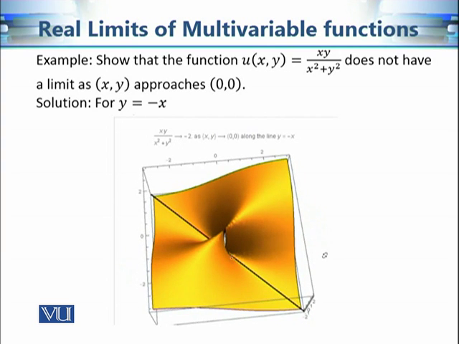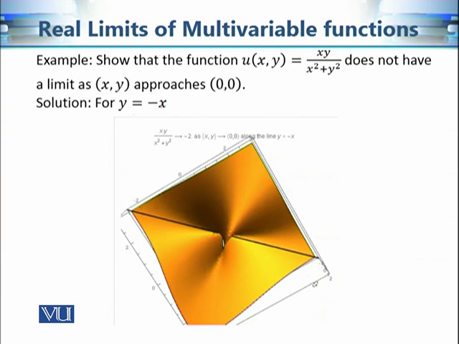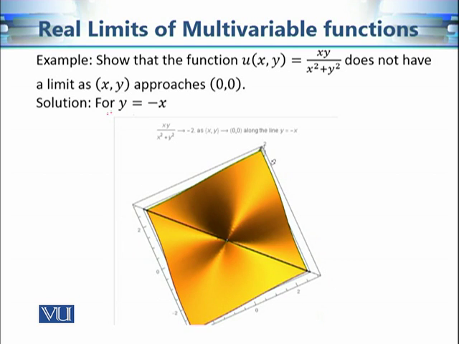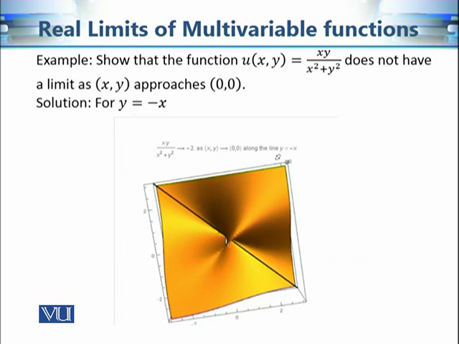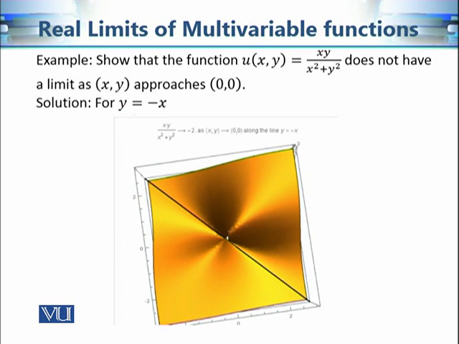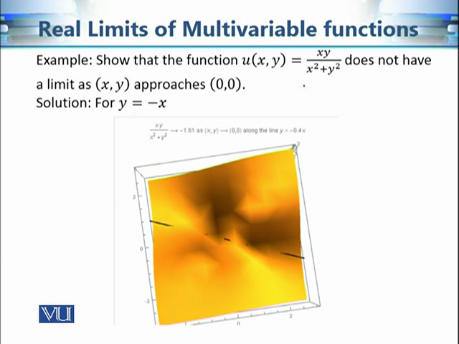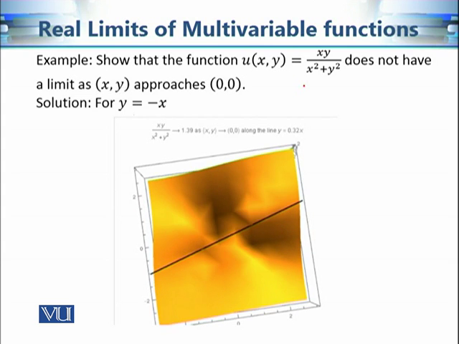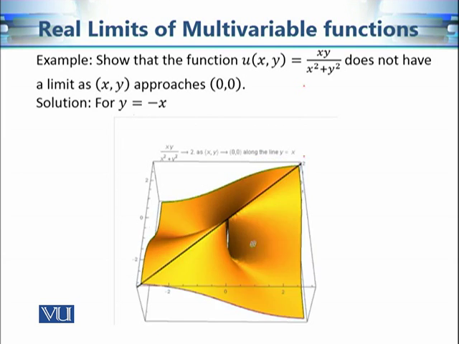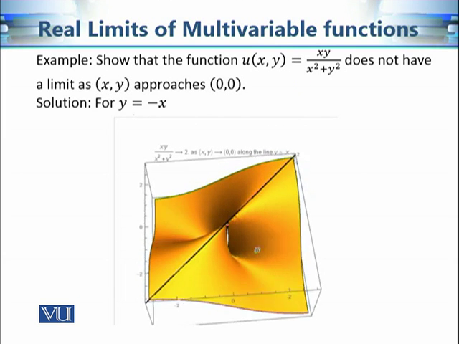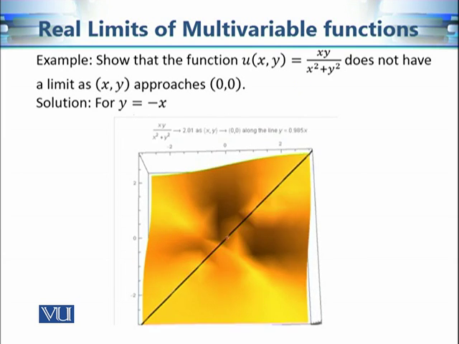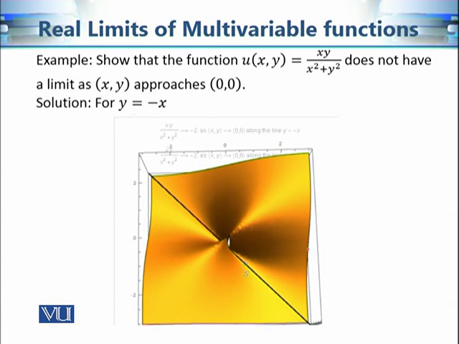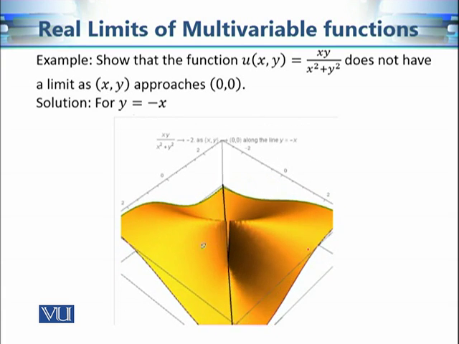So in this case the limit of the function while moving along this line is this number which is below this number. And if we move this line again and again, in fact we are changing the path along which we are moving, and if we approach this line, now you can see that along this line the value of the limit is different than the value of the limit along y is equal to x.